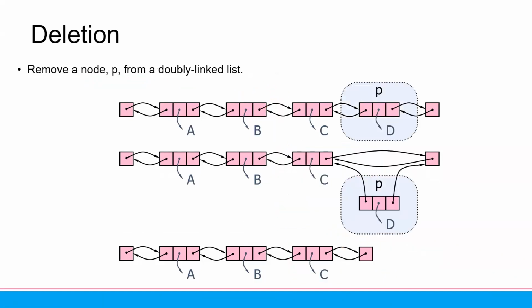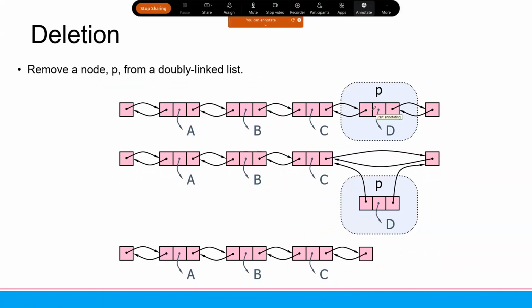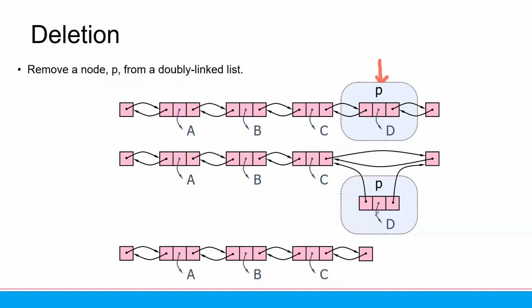What about if we want to delete? When we want to delete, for example, I want to remove this P. The node before P will be connected to the trailer directly, and then the trailer will connect back to this node.